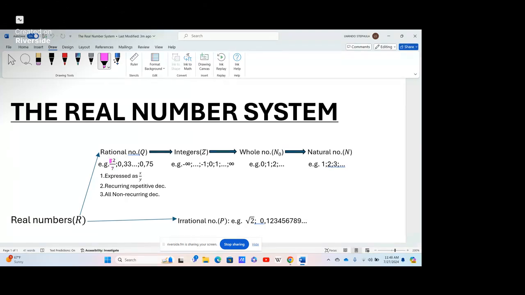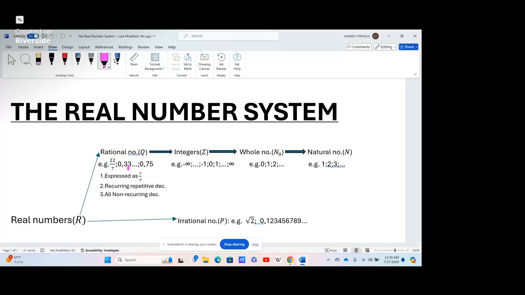So pi is a rational number. And irrational numbers cannot be expressed in the form of a fraction, such as the square root of 2. This cannot be expressed as a fraction. Then the second characteristic of rational numbers is that they are recurring, repetitive decimals, such as 0,3333.